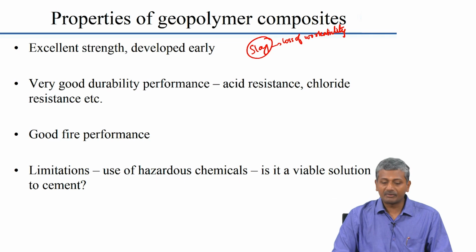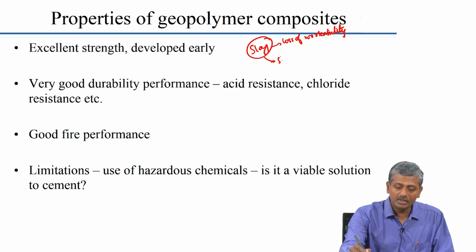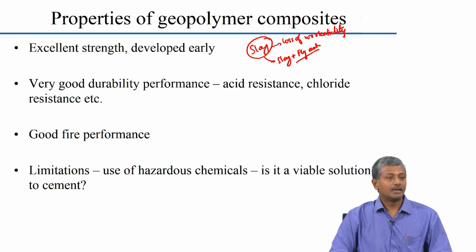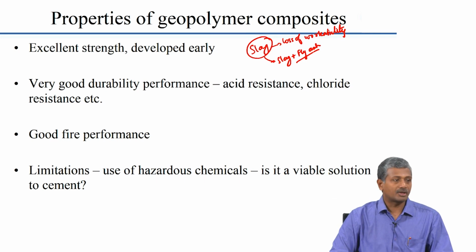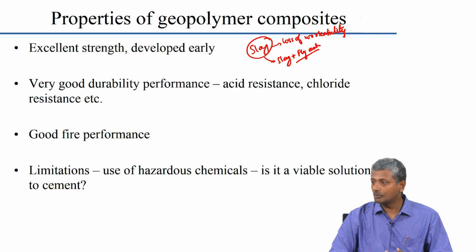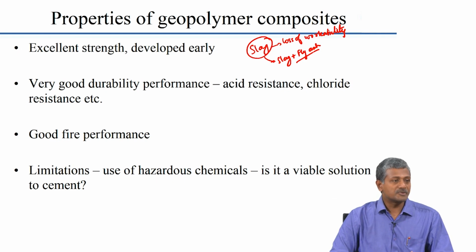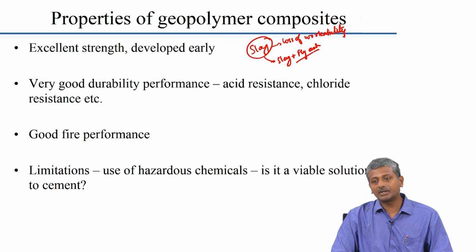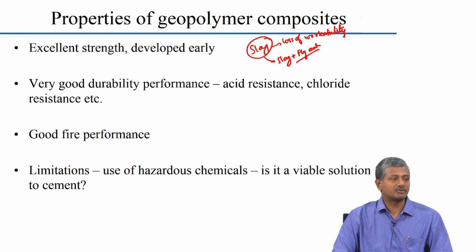So, what people have tried to do is use a combination of slag and fly ash. Fly ash will slow down the system, and because slag is there, it will continue to hydrate for a long period of time, and the strength will continue to develop over 28, 56 or 90 days. The fly ash basically will end up geopolymerizing, but that may take some time to happen, because of which you can extend the time that you have for workability to be maintained for up to about 45 to 60 minutes.